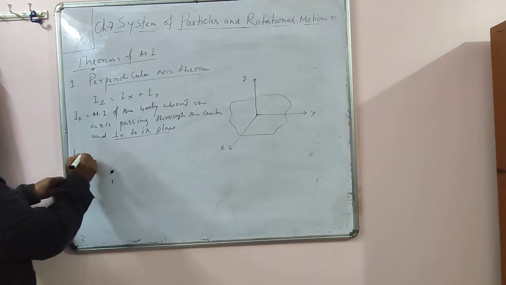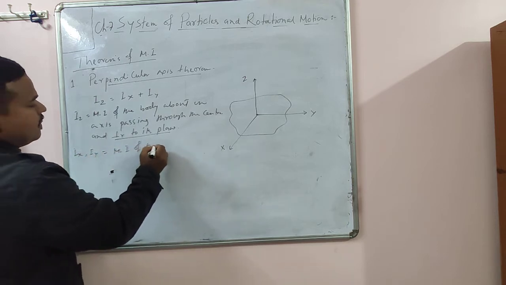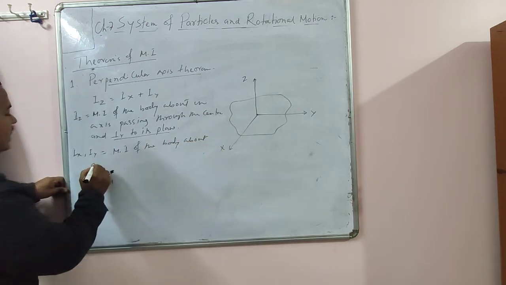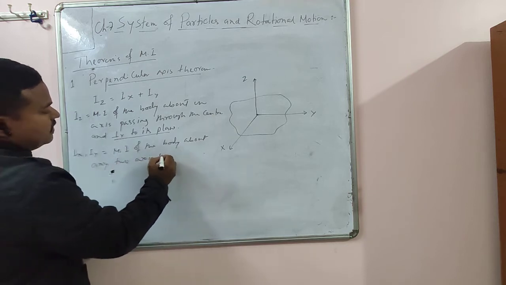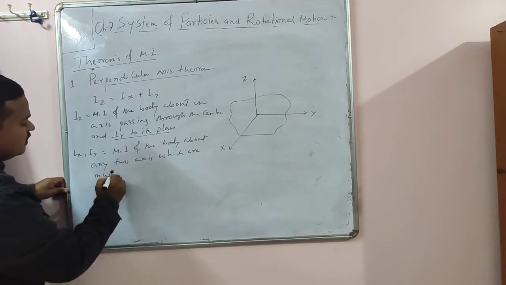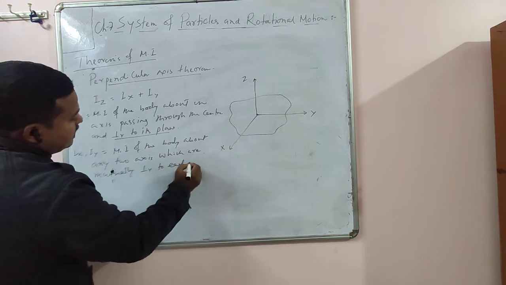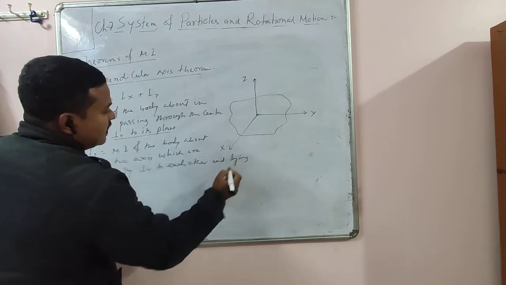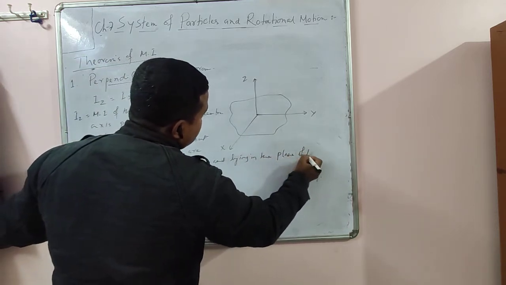And Ix, Iy are the moment of inertia of the body about any two axes which are mutually perpendicular to each other and lying in the plane of the body. Lying in the plane of the body.